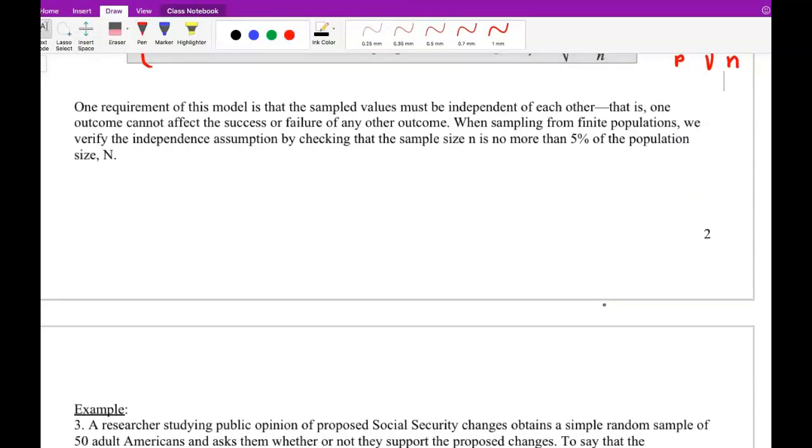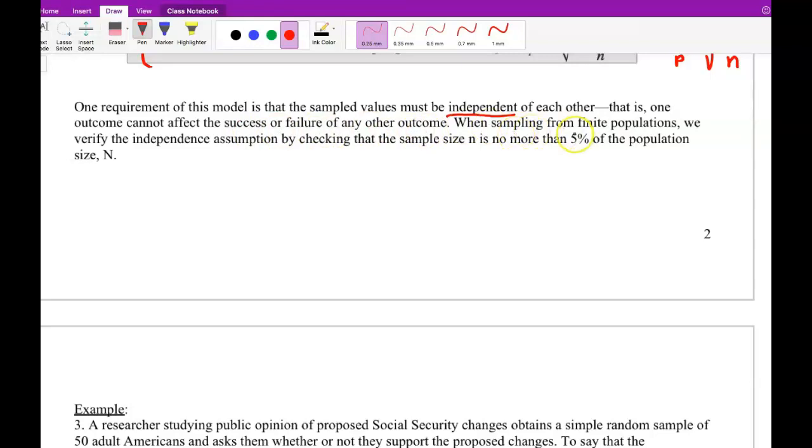One requirement is that the sampled values must be independent of each other, that is, one outcome cannot affect the success or failure of any other outcome. So it's not affecting.